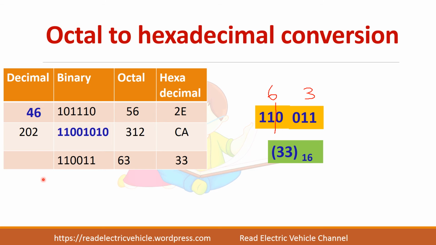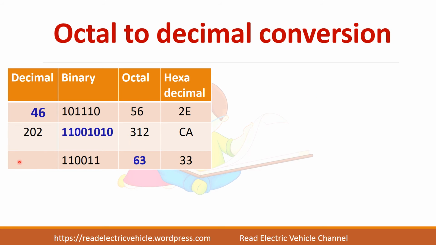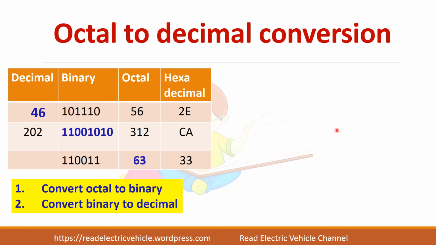Next we have one more thing to find out, that is to find equivalent decimal number. So from binary we are going to convert to decimal. So first write the binary number. Write the weighted value for each bit.